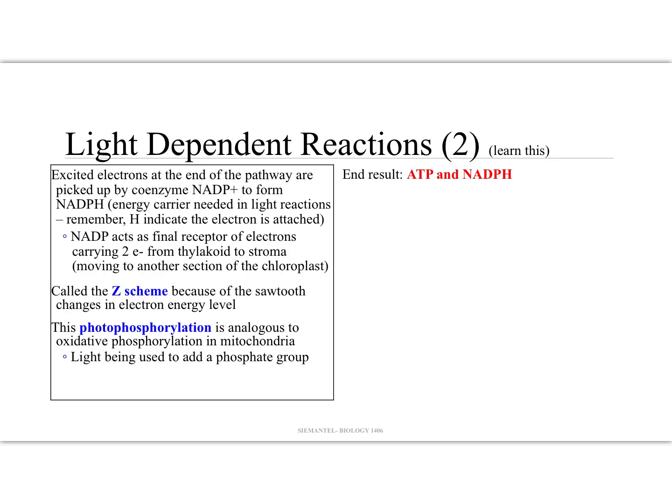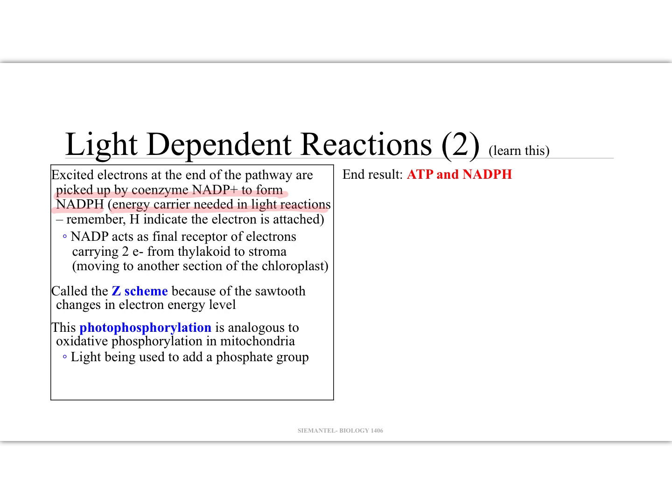So once the electrons get to the end of the pathway, they are going to be picked up by a coenzyme that we call NADP. And when it's not carrying any electrons, it's known as NADP+. But when it is carrying energized electrons, it's known as NADPH. So NADPH is an electron carrier that's made in the light-dependent reactions, okay?